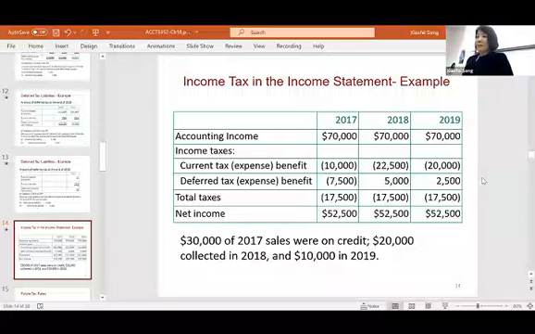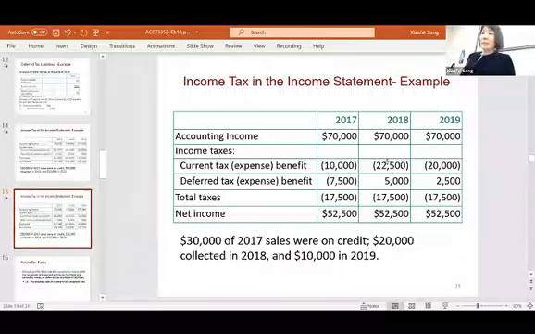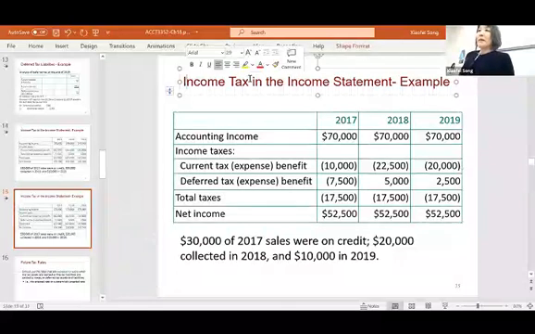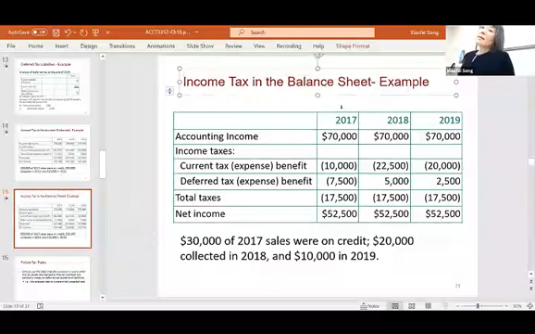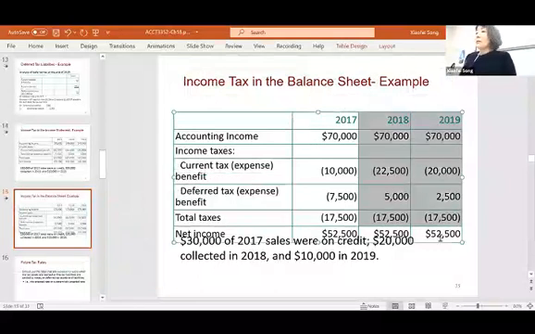Okay, so now let's look at what happens to our balance sheet, the income tax on the balance sheet. Okay, it works, so I'll just use this.